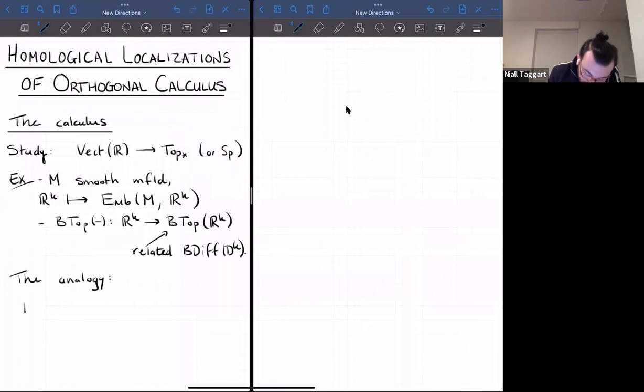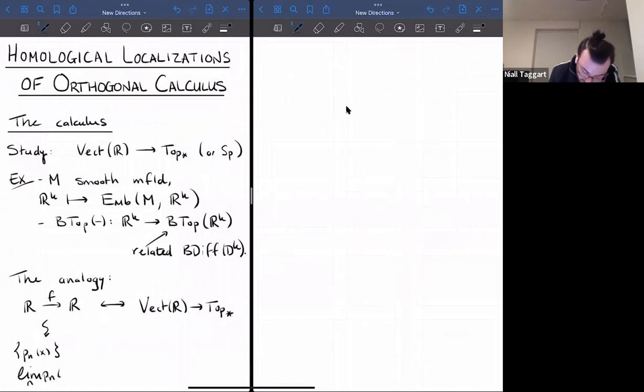From undergrad life, we have some function on the real line, and we're saying we're replacing this with a functor from vector spaces to spaces. And to this, the thing you do, you build a bunch of polynomial approximations to this. And you know that the limit of these guys is f. So we try and do the same trick here.